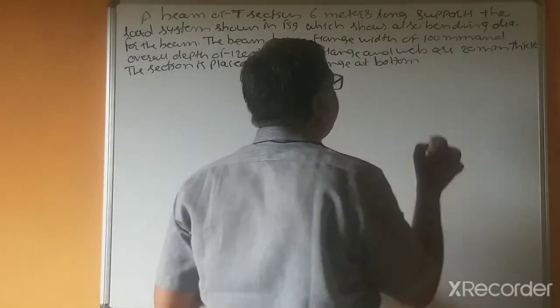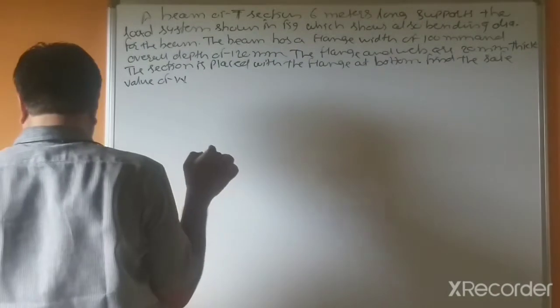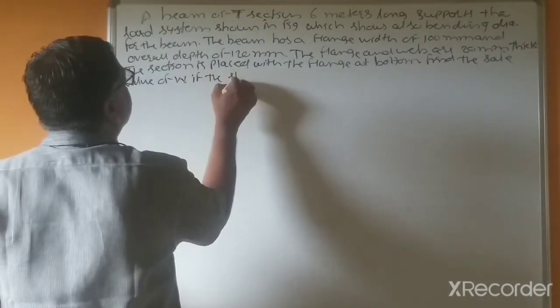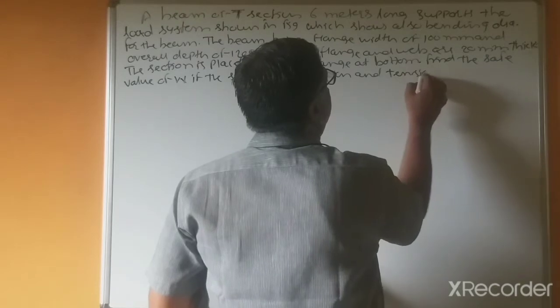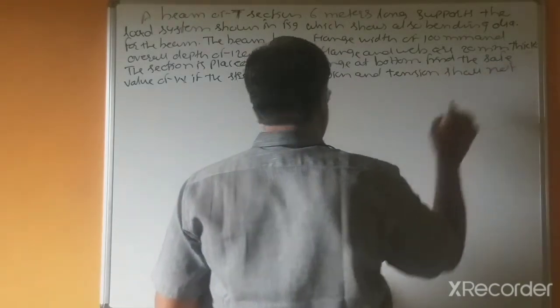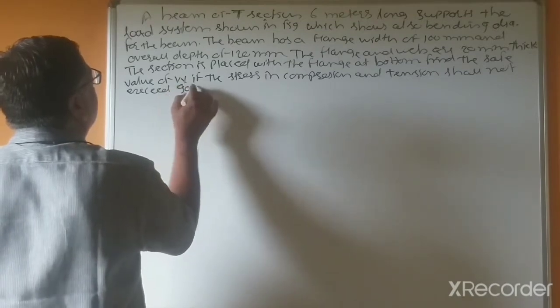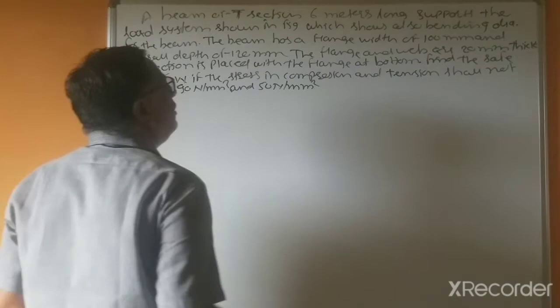Find the safe value of W, if the stress in compression and tension shall not exceed 90 Newton per mm squared and 50 Newton per mm squared respectively.